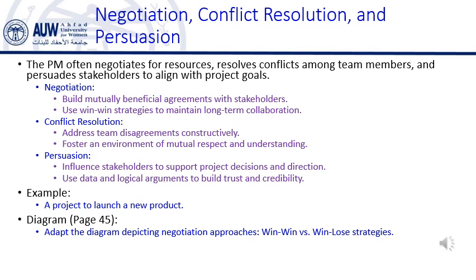For example, a supplier may want to increase prices, while the project team wants to keep costs low. Escalating conflicts. Sometimes, conflicts between team members or stakeholders can escalate quickly, making resolution harder. The PM needs to act quickly to prevent small issues from becoming bigger problems.